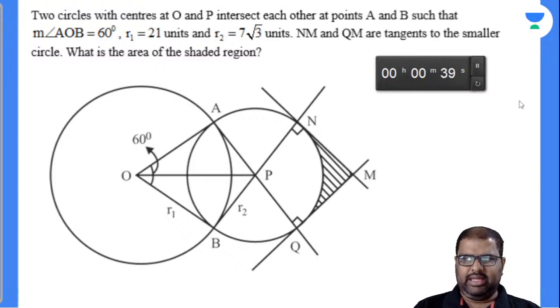R1, radius 1, is 21 units and R2 is 7√3 units. NM and QM are tangents to the smaller circle. What is the area of the shaded region? Anybody got an idea?